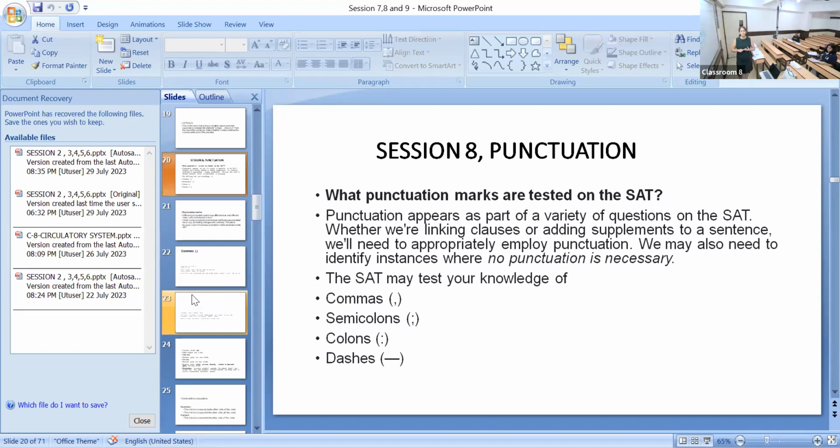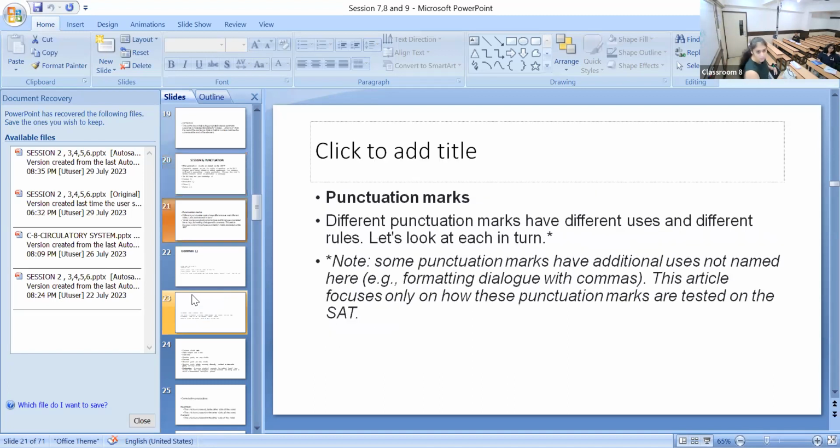So this we'll be doing a little bit in detail. We'll be seeing where to use and when to use dashes. Most of it we have already covered, semicolons and all, when to use commas and all. So a little bit more, and we'll wind up this punctuation today. So this is what we are doing. So you can see your punctuation marks.